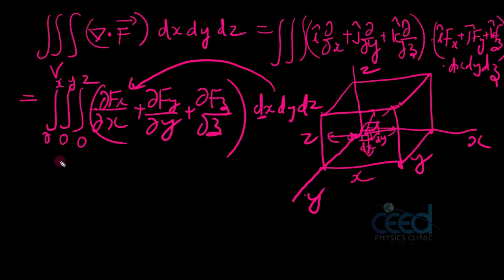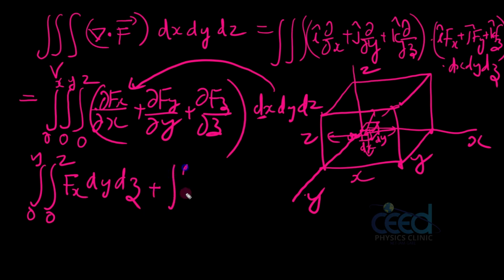I will get a double integral 0 to y, 0 to z. Integrating 0 to x, dou fx by dou x into dx, you will get fx, and the remaining is dy dz, right? Similarly the second term will be fy, and this is dz dx, right?